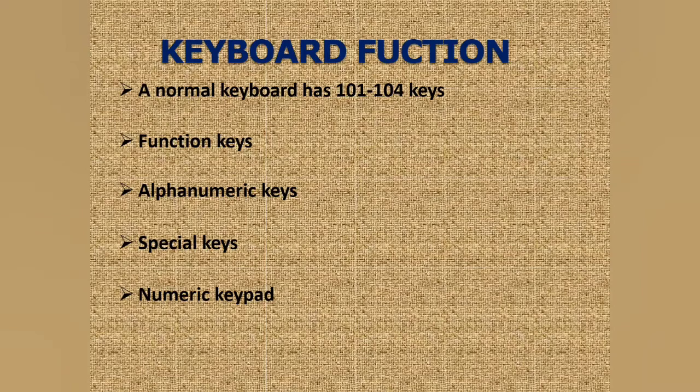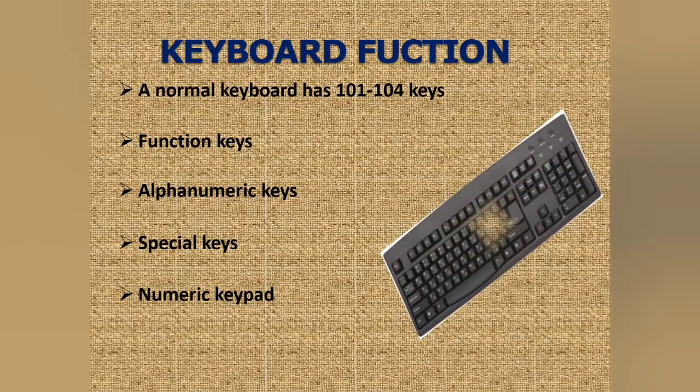And the next type of keyboard is multimedia. It has some additional keys to operate multimedia operations like volume up, volume down, play, pause, stop, etc. We will be using this while watching a video or a film.